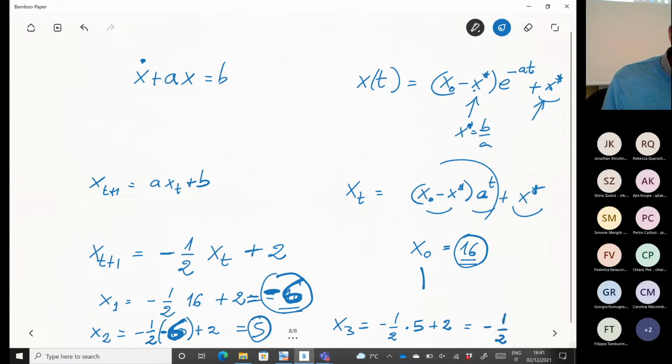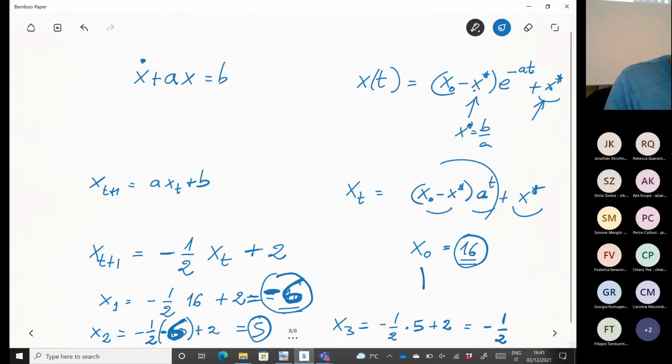So you see what happens here. Starts from 16, jumps down to minus 6, up to 5, down again to minus 1/2. So what's happening here? It jumps down and up, but anyway it approaches something which is in between, okay? So what is this something in between? It is the steady state. What is the steady state to this equation?